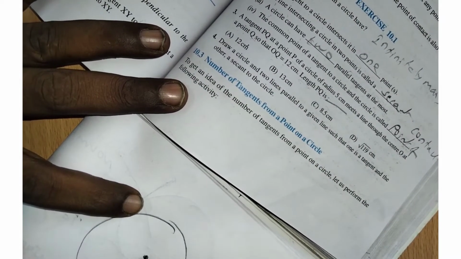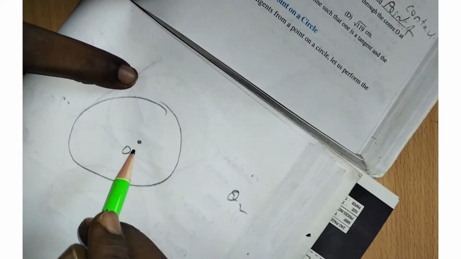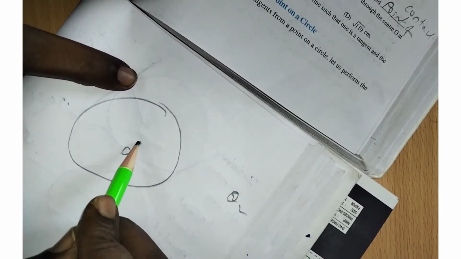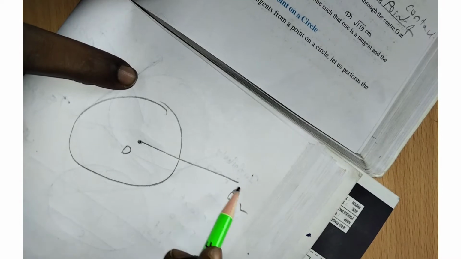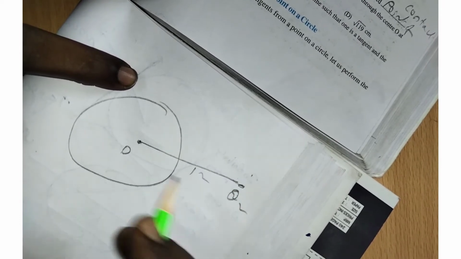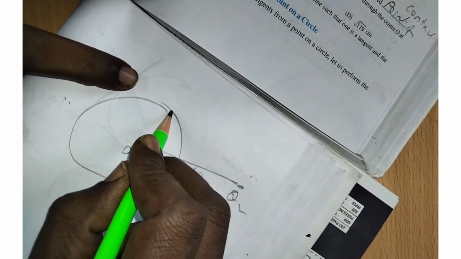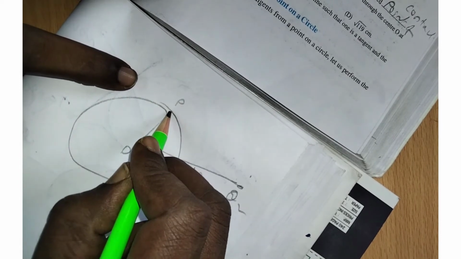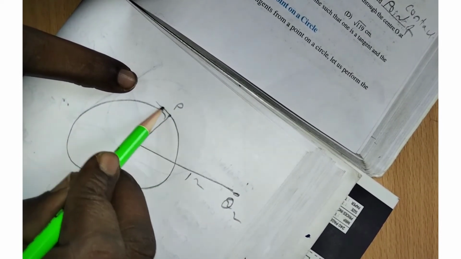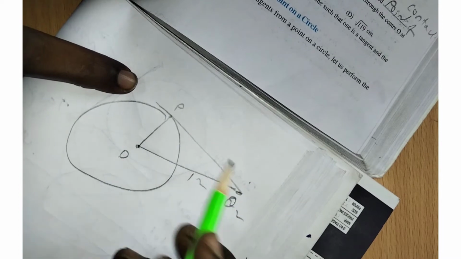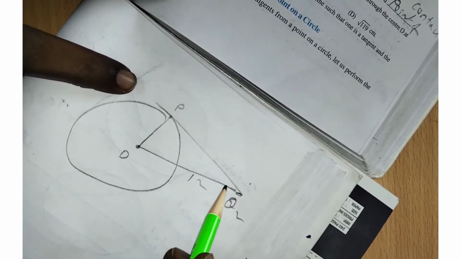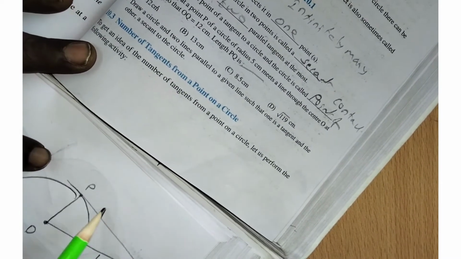From Q to O, the center of the circle, the distance they have given is 12. From O to B, take the point B on the circle. If you draw the tangent, they asked to find the length of BQ.